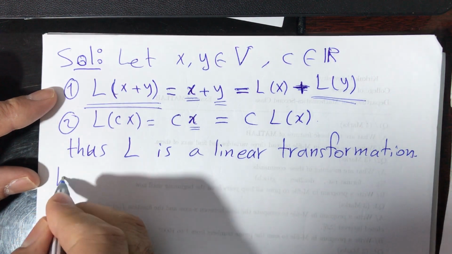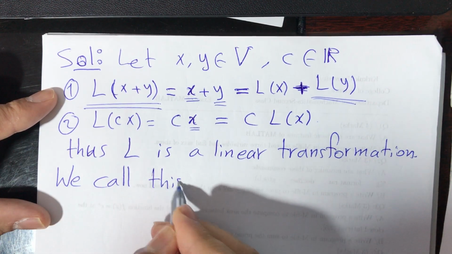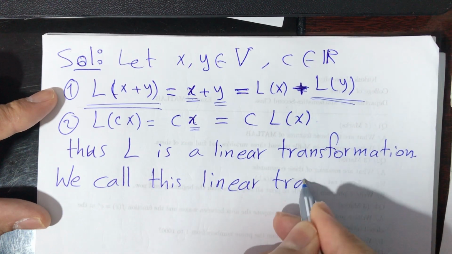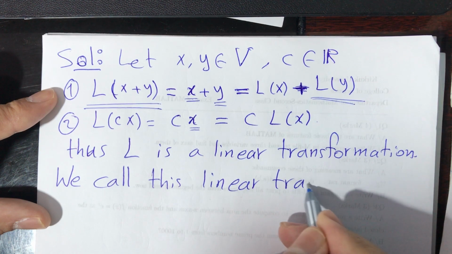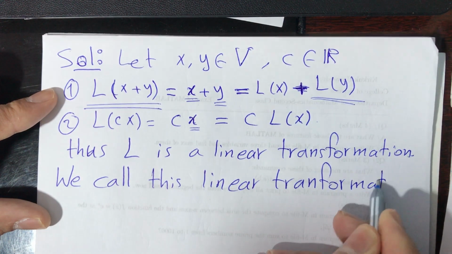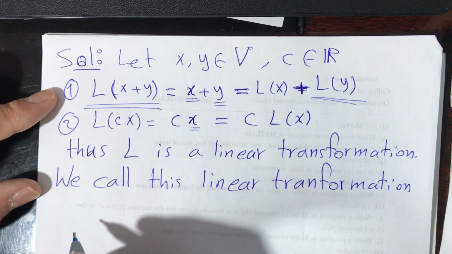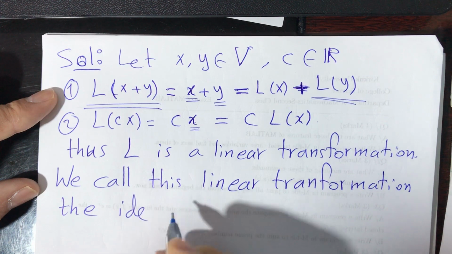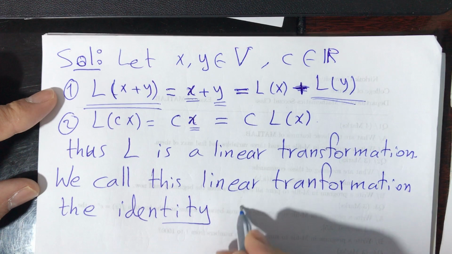We call this linear transformation the identity function. The identity function.